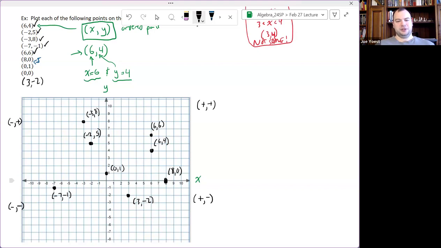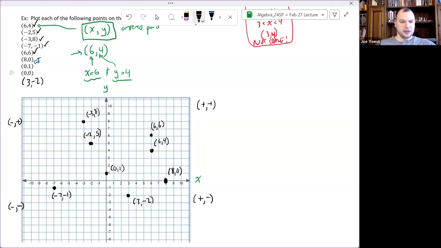Or again, we could also think of this as saying, where's the location 0 on the x-axis? That's actually the y-axis. And then we want to move along that y-axis, that vertical axis, till we get to the location 1 vertically. That moves us 1 up from the origin.